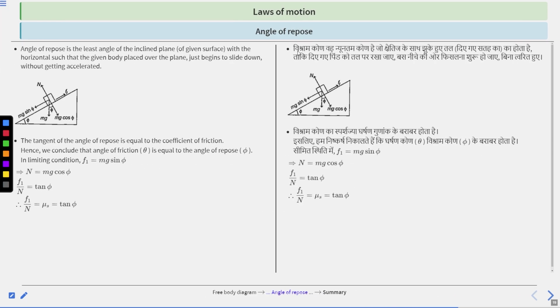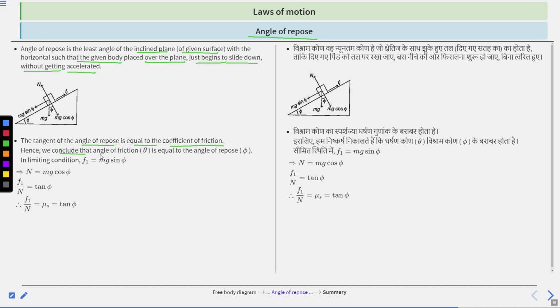Next is angle of repose. The angle of repose is the least angle of the inclined plane or given surface with the horizontal such that the body placed over the plane just begins to slide down without being accelerated, like this inclined plane. The tangent of the angle of repose is equal to the coefficient of friction.